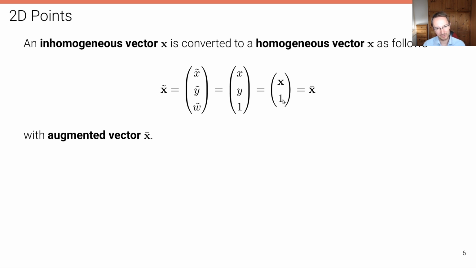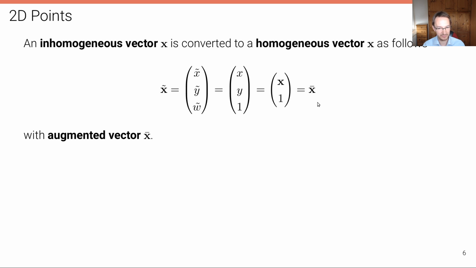And for all vectors that have a 1 at the end, we call these vectors also the augmented vector, x bar. So we introduce another symbol that we can put on top of these vectors, which is a bar. And this bar denotes that we have a homogeneous vector.